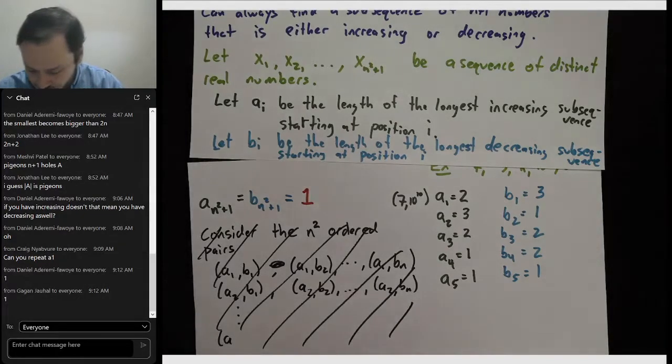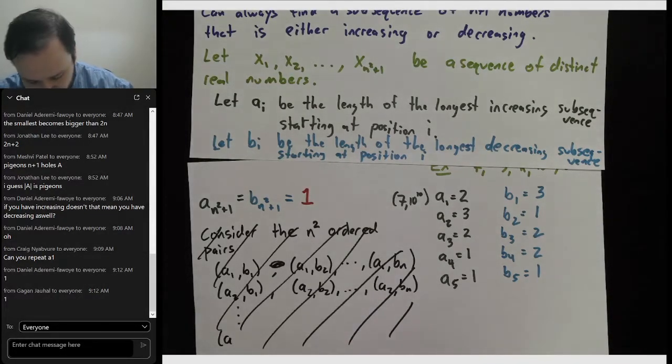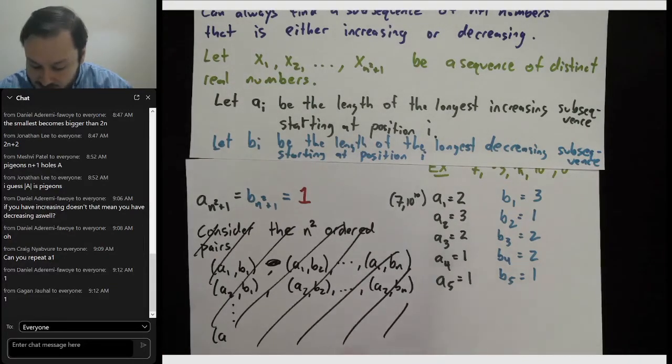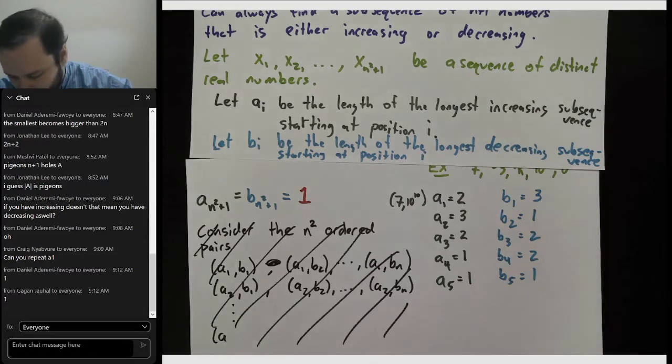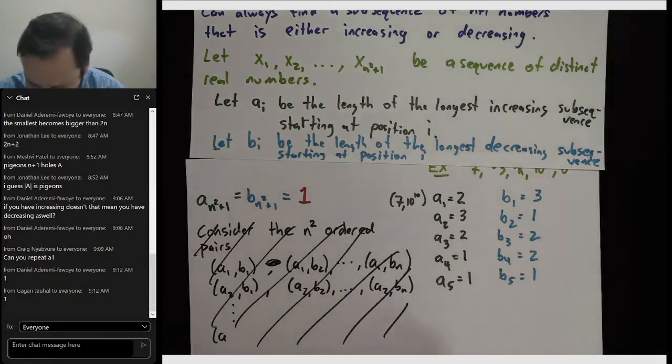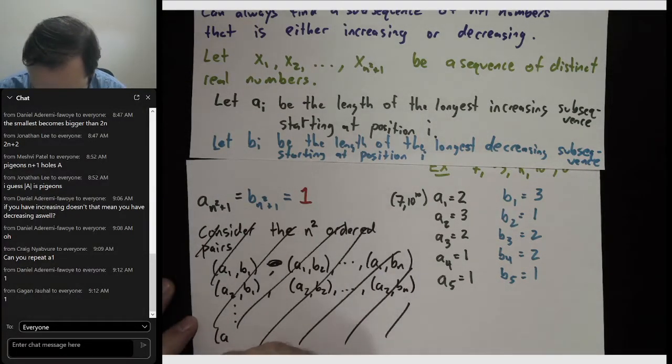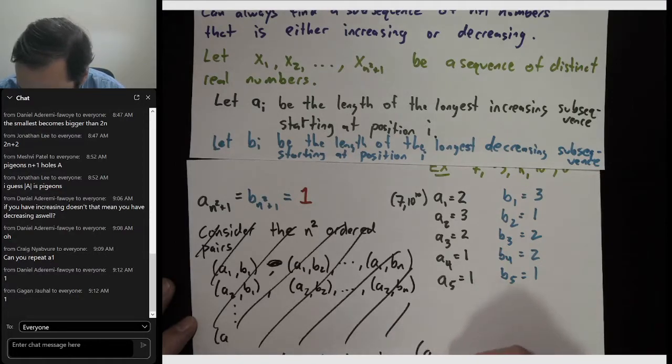Okay. Try this again. I still want to think of my ordered pairs a sub i, b sub i. Oops, I'm off the bottom of the page.